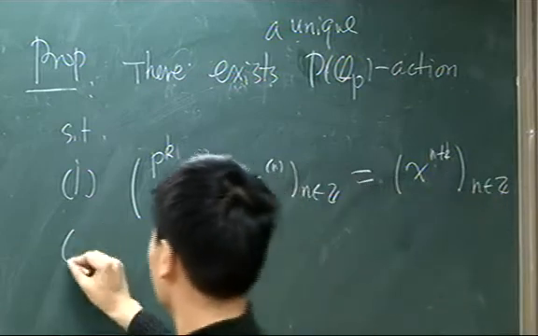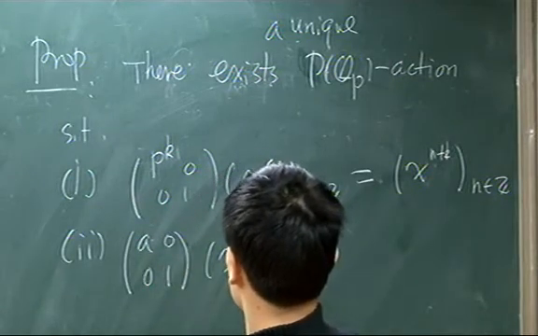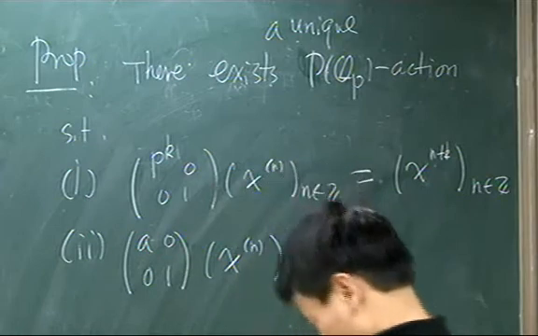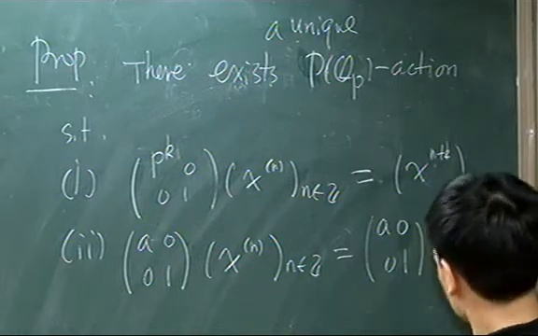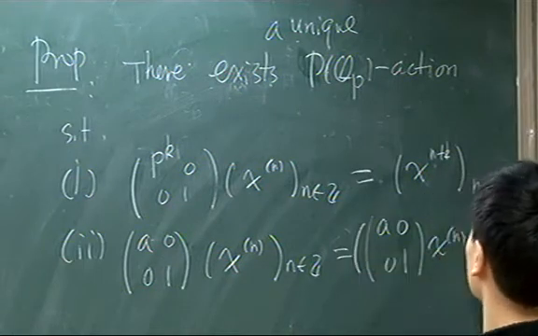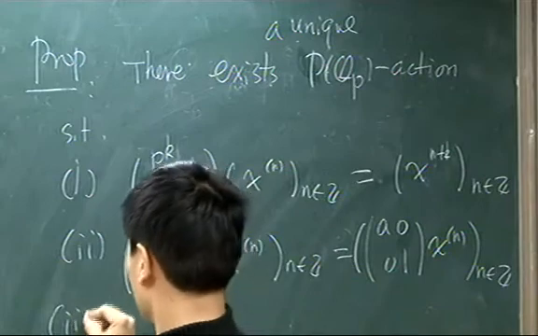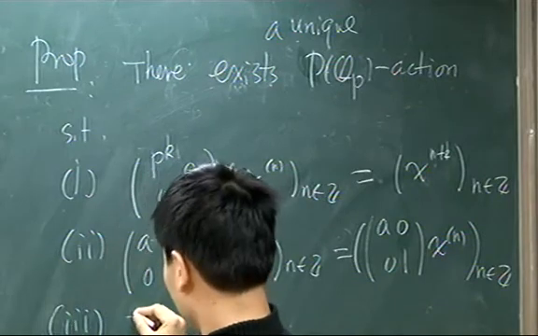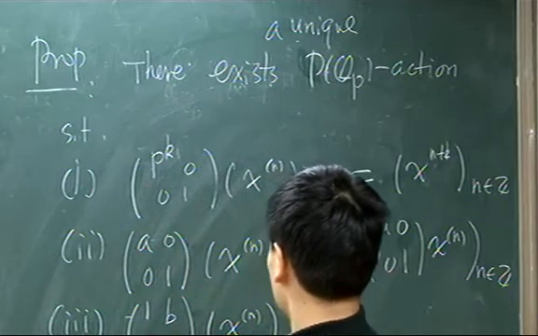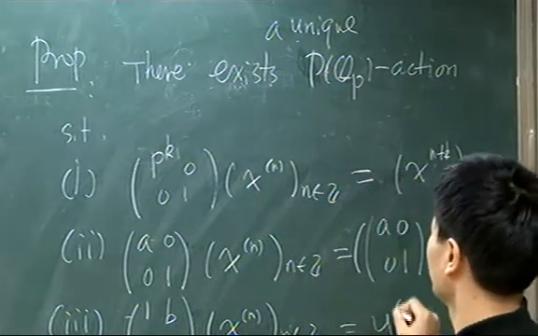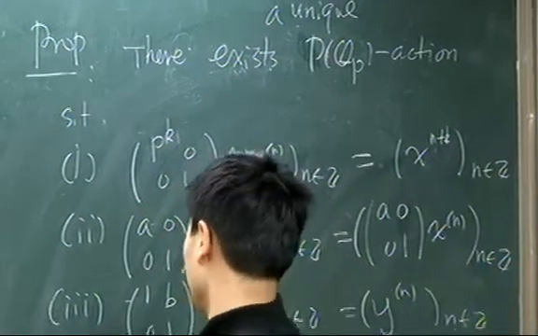The second one: you have (a 0; 0 1) acting on x of n, and you get (a 0; 0 1) x of n, and it's contained in Z. The third one: if you write (1 b; 0 1) x of n as y n, then it's just repeated.